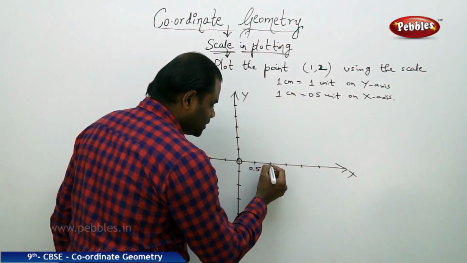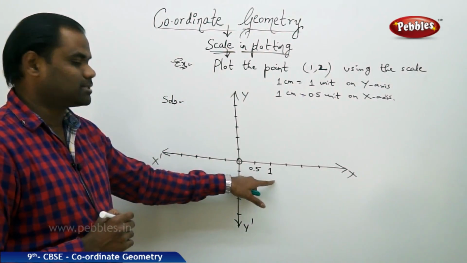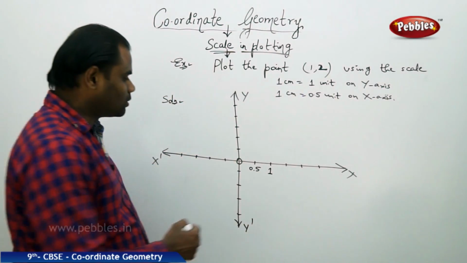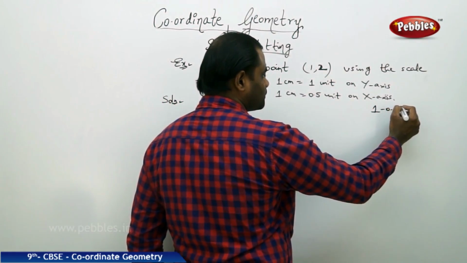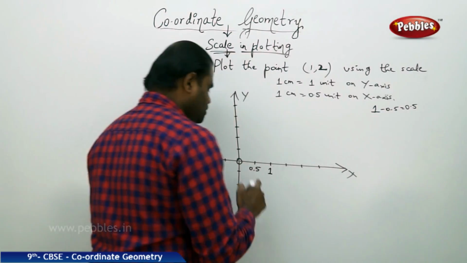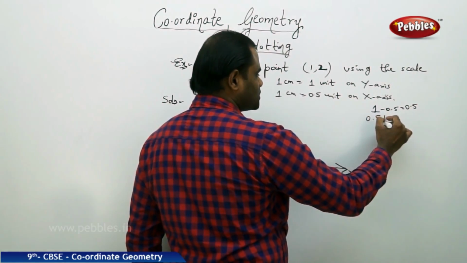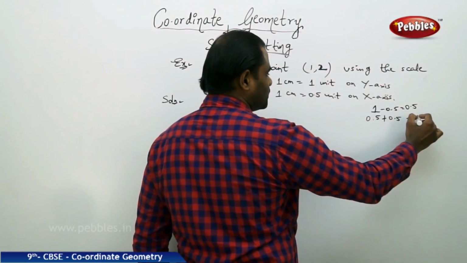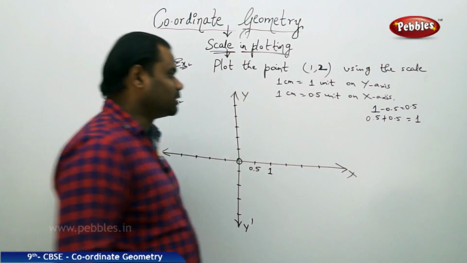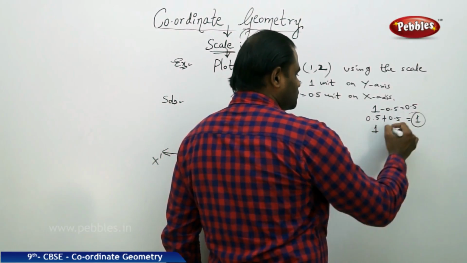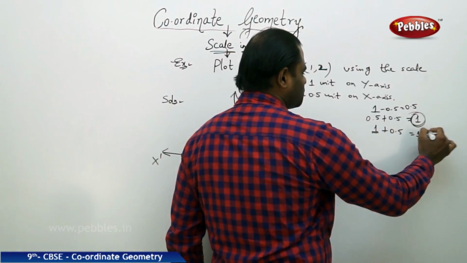Similarly, the distance from here to here must be 0.5. Therefore, the next value would be 1, because 1 minus 0.5 would give me 0.5, or 0.5 is added further. You can also refer to this as 0.5 added to this refers to 1. So when I want to find the next coordinate, it is about adding 0.5 to the previous value of 1, which gives me 1.5.